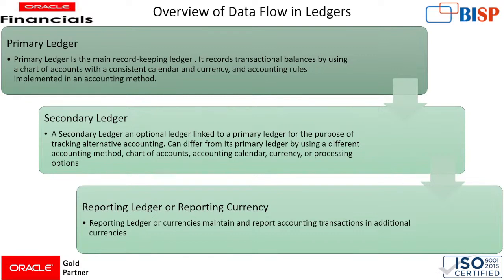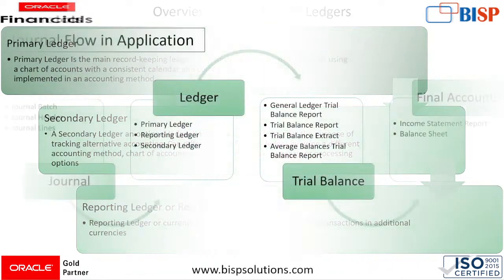So you can use these different methods simultaneously, and as per the client requirement, you can define the secondary ledger accordingly. And there is a reporting ledger. The reporting ledger maintains the accounting transactions in addition in different currencies, right? So that is the reporting ledger or reporting currency.